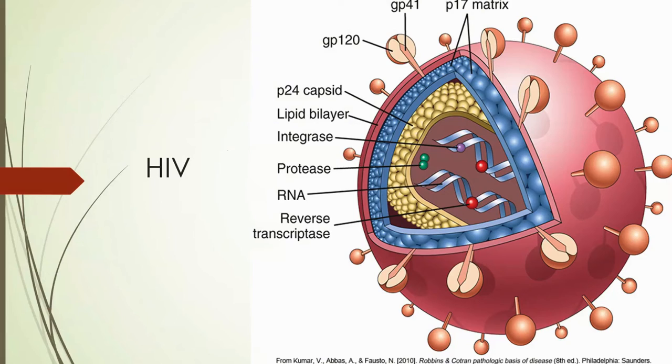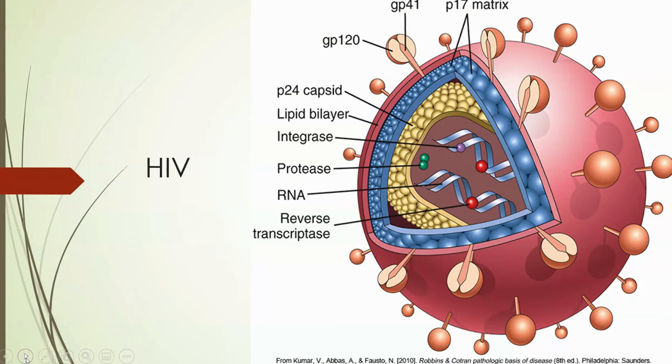Or another way they could progress to AIDS would be having HIV and developing an opportunistic infection. These are infections that other people's bodies may be able to control or that may not affect a healthy person at all. But somebody with this immunodeficiency virus is not going to have the capability of fighting this infection off.